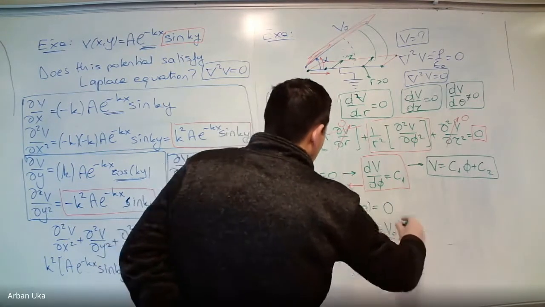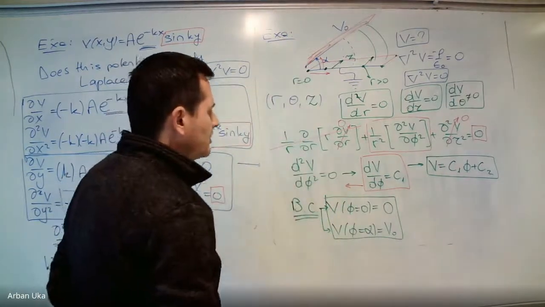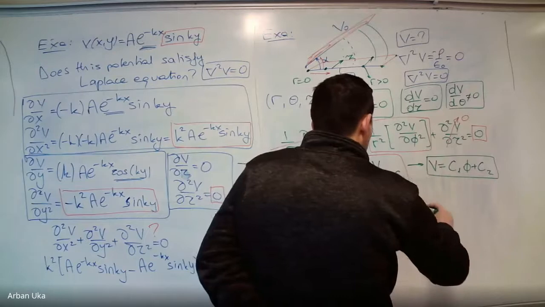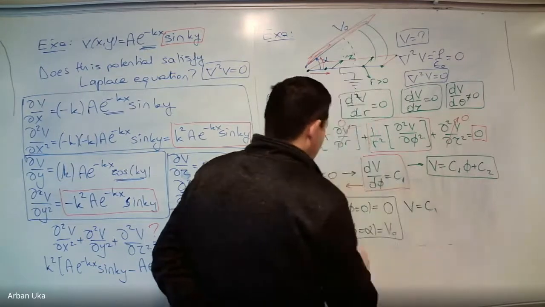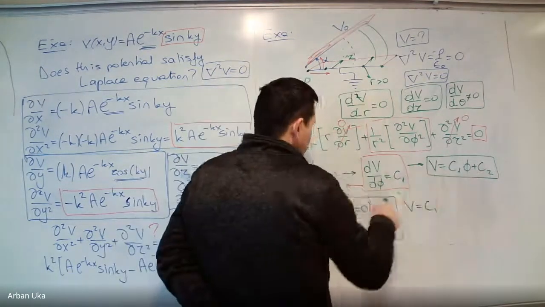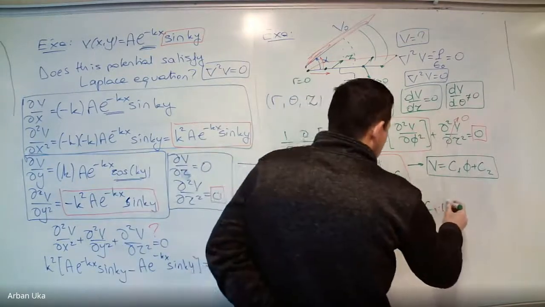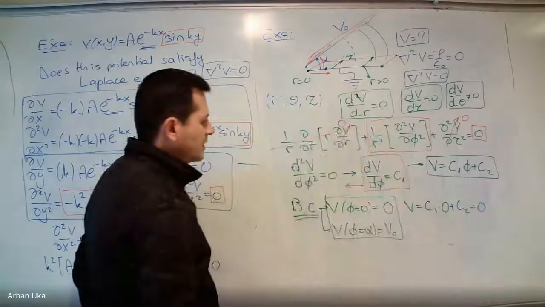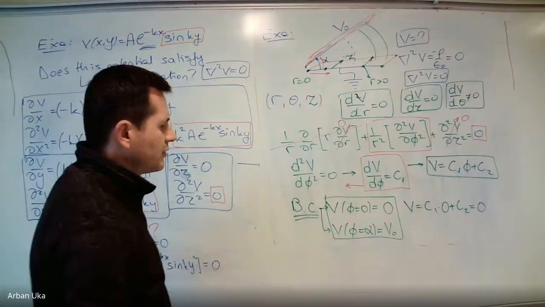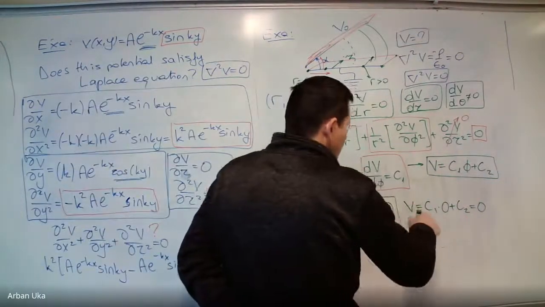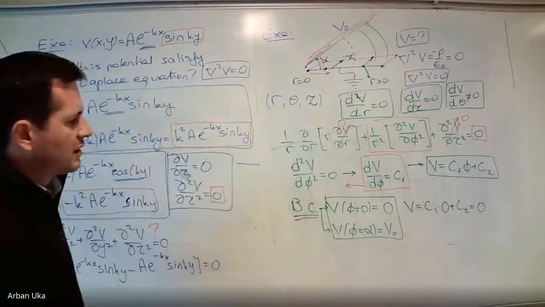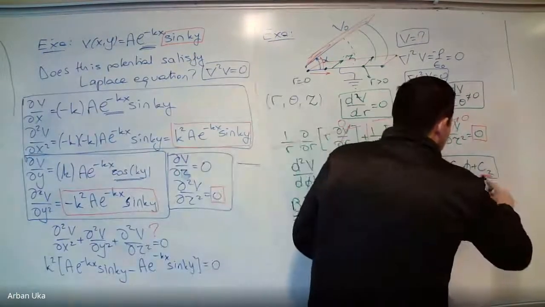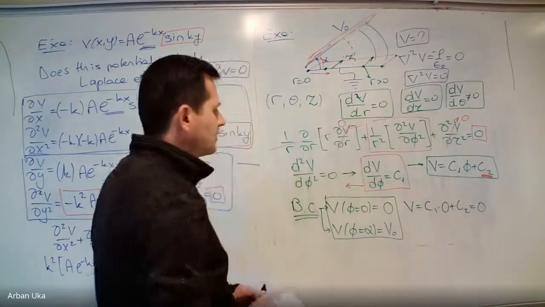So let's not forget, these were the two boundary conditions. Then we apply them one by one. We see that the potential is equal to C1 times the angle phi, which is 0, times 0, plus C2, this is 0. So from the first equation, we see that the second constant C2 is going to be 0.